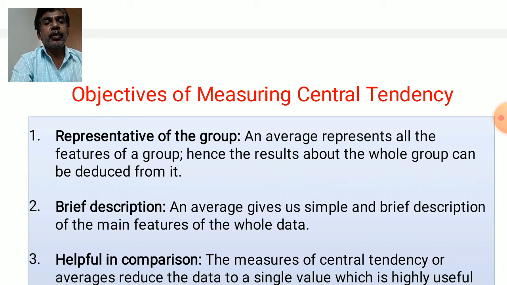Here an average represents all the figures of a group. Hence, the results about the whole group can be deduced from it. This is the first objective, because an average represents all the figures of a group.